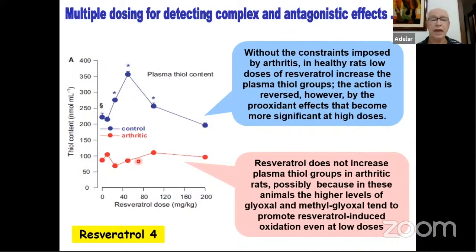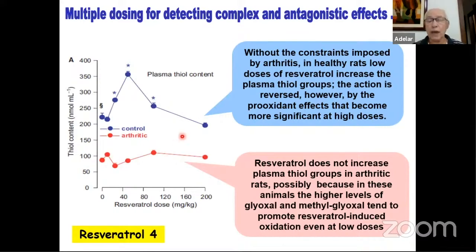In arthritic animals and patients, there are higher levels of glyoxal and methylglyoxal. These compounds tend to promote resveratrol-induced oxidation, even at low doses. So actually, the interaction of resveratrol with glyoxal and methylglyoxal impairs the possible antioxidant effect of resveratrol on plasma albumin.